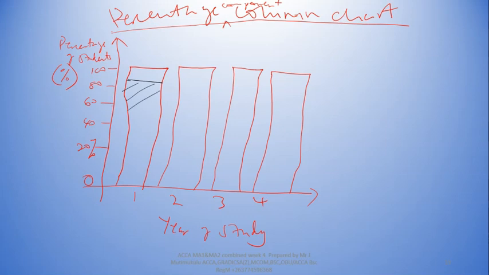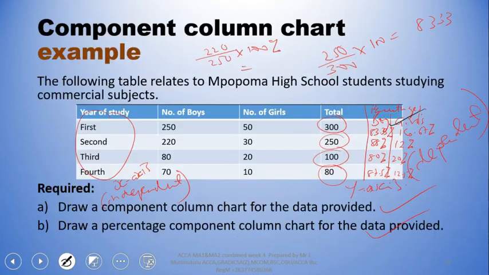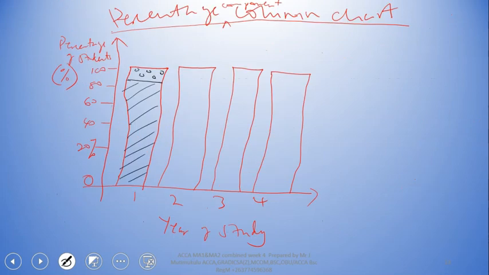You can just maintain the same legend. This is for boys, and the remainder is for girls. In year 2 we determined that it was 88% versus 12%.